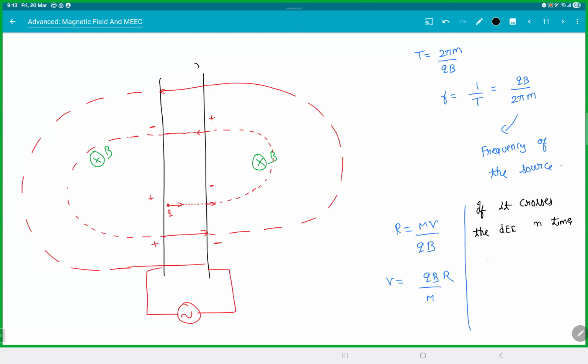Then if you cross n times, n into voltage must be equal to the change in kinetic energy. Every time you cross the voltage source, you get an extra energy of qV. If you cross n times, you'll get an energy of nqV. That is equal to half m u square. Is that clear, everyone?